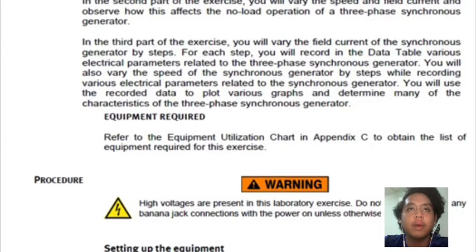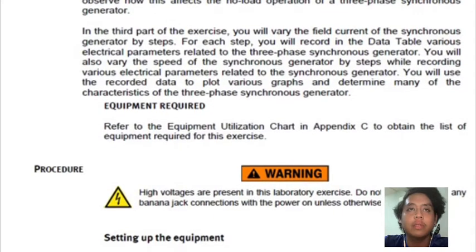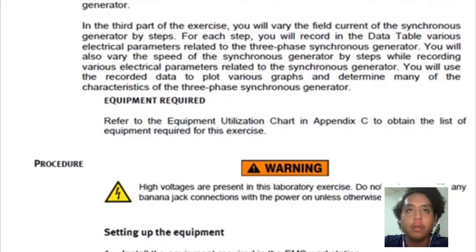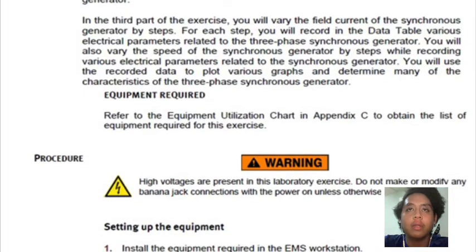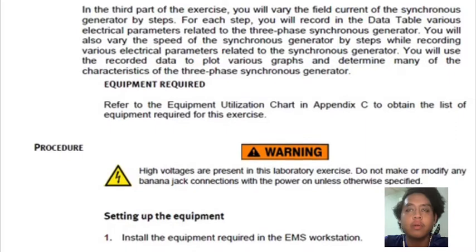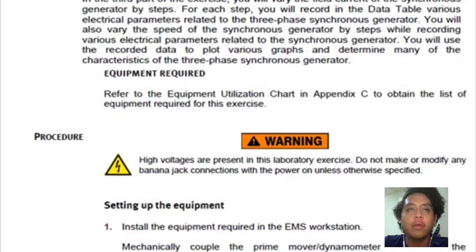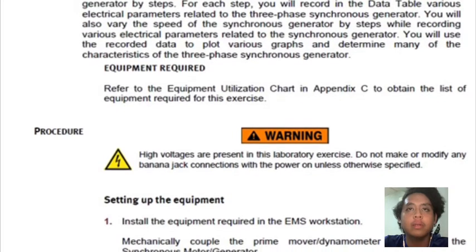In the third part of the exercise, you will vary the field current of the synchronous generator by steps. For each step, you will record in the data table various electrical parameters related to the 3-phase synchronous generator. You will also vary the speed of the synchronous generator by step while recording various electrical parameters.